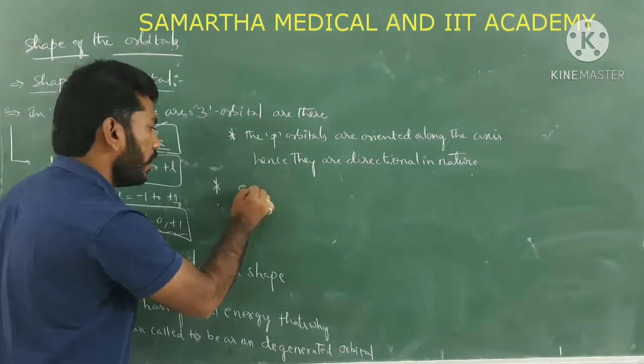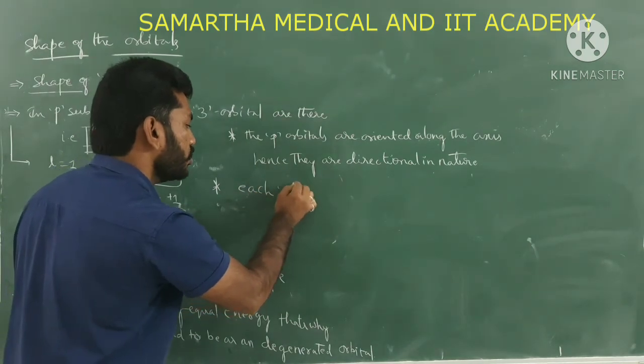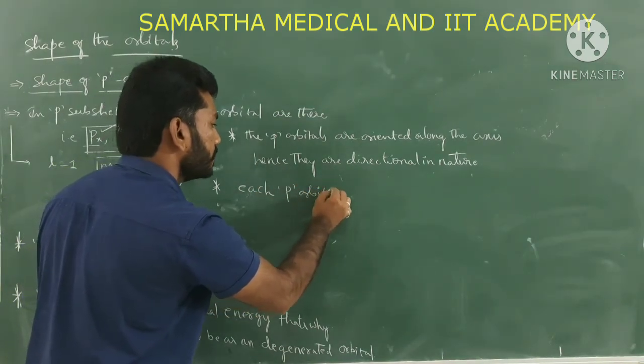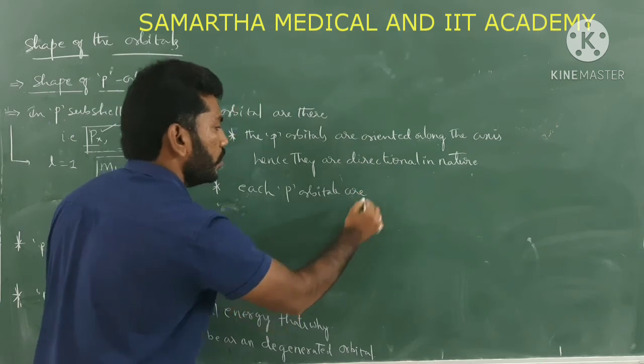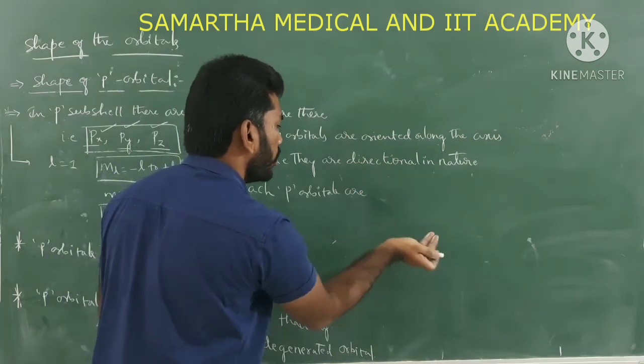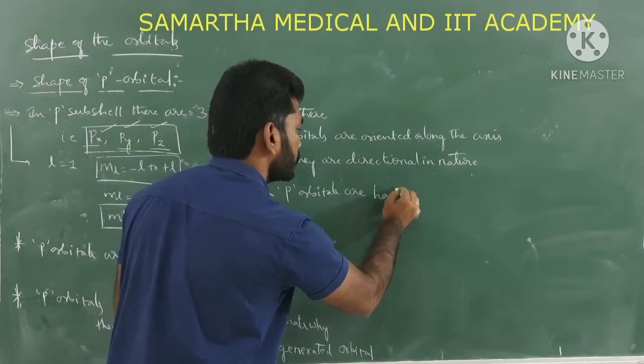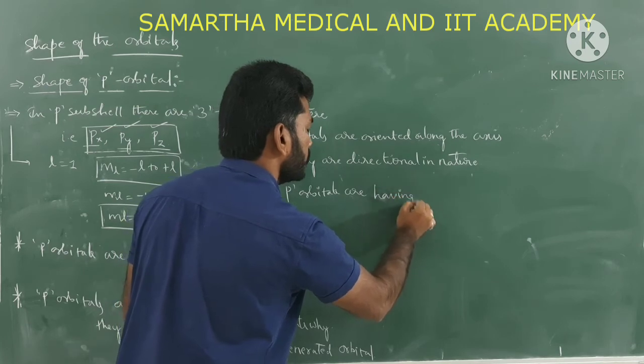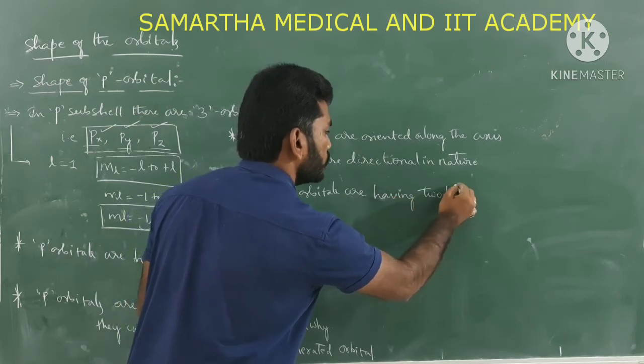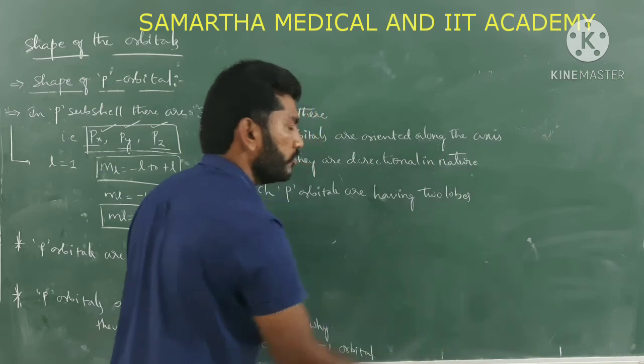Each p orbital has two lobes. Let me tell you what those lobes are.